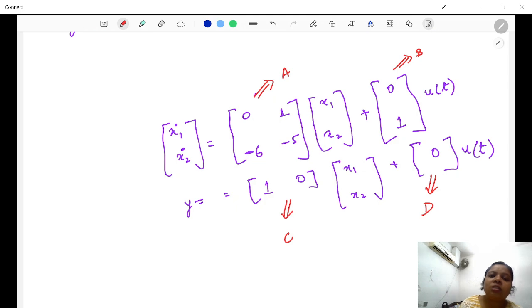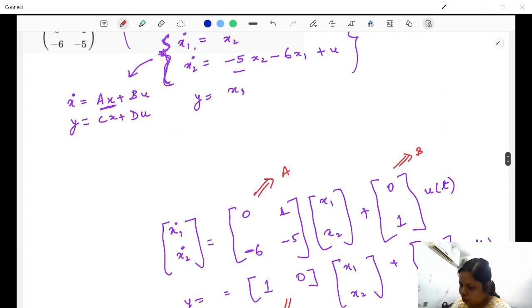We have been able to successfully represent a second order differential equation as two different first order ordinary differential equations. x1 dot is equal to something, x2 dot is equal to something.